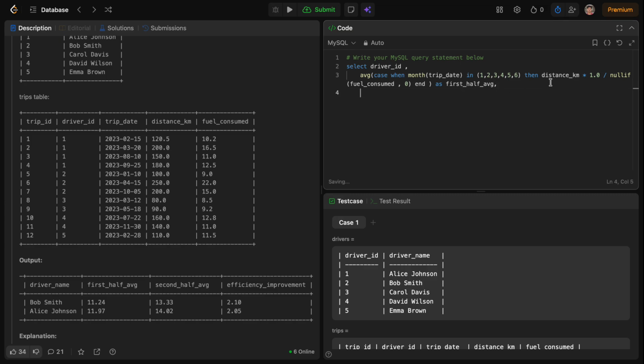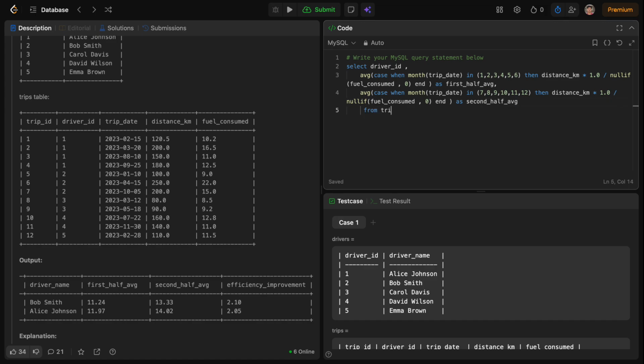And the same thing for the second half, but the months are 7 to 12: 7, 8, 9, 10, 11 and 12. Then the same thing, and in place of first there is second. Perfect.